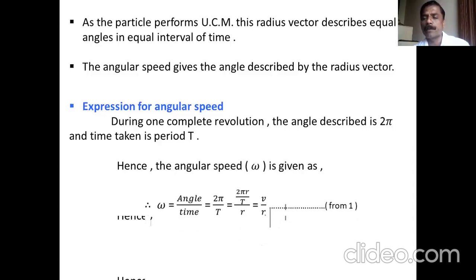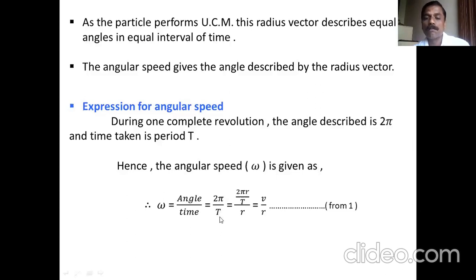The same formula applies here: angular speed is angular distance, the angle traced, divided by time. Omega is the symbol for angular speed. So omega is angle divided by time. In one revolution, 2 pi angle is traced and the time taken is the period T.